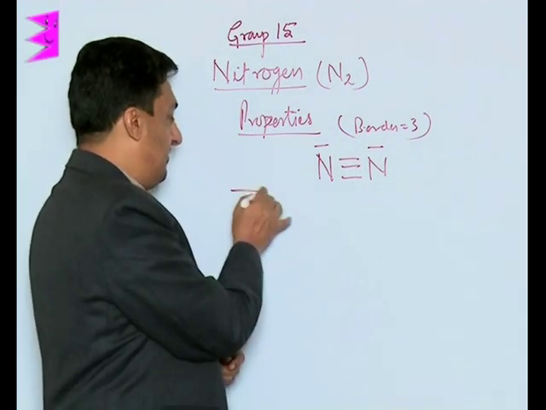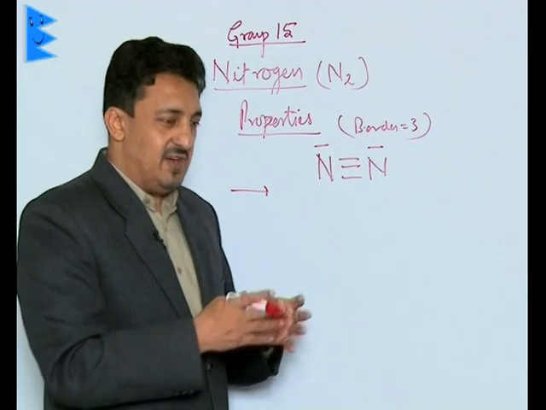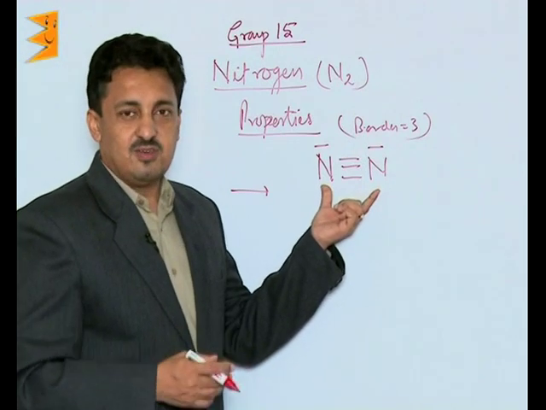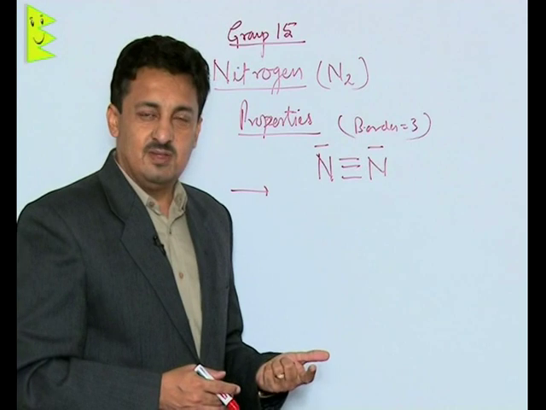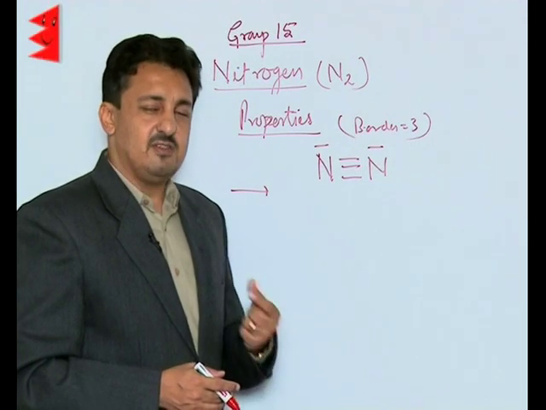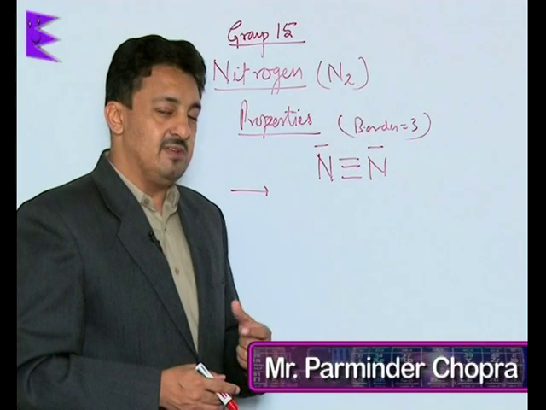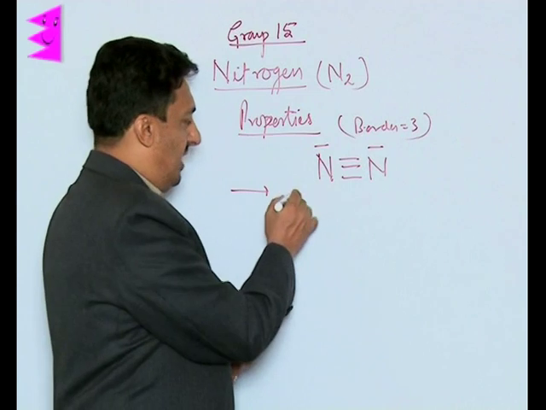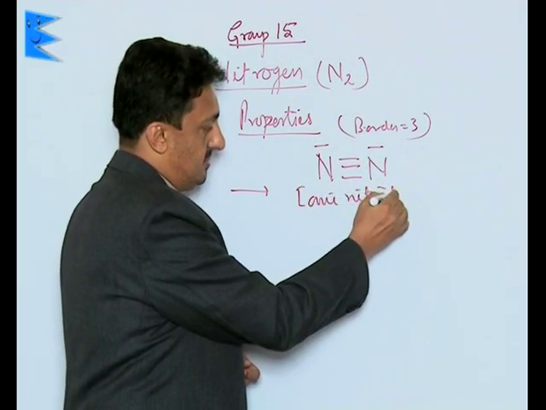Now, it has a very low boiling point and it is a very, very stable gas, because of the very strong triple bond. It doesn't react with the elements easily. It reacts with very few elements, mainly very reactive metals, and with metals it forms ionic nitrides.